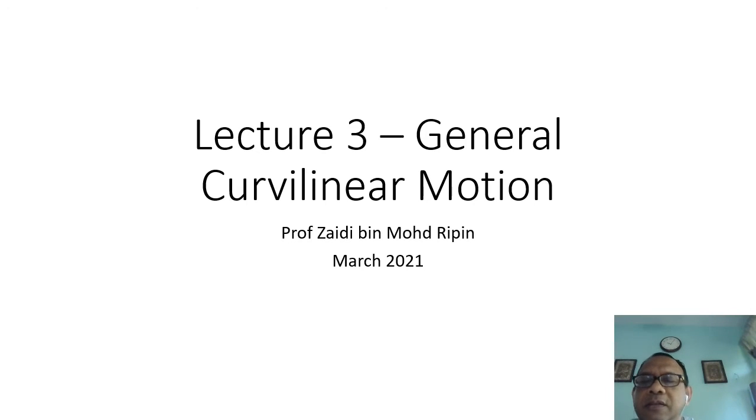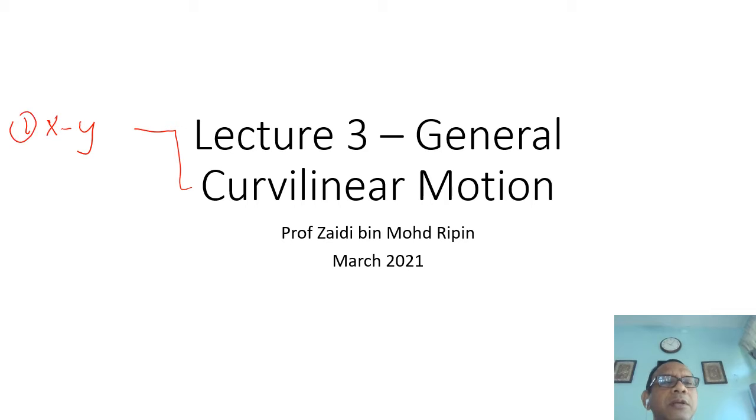This lecture is the third lecture of the series, and in this limited time, we will cover the general curvilinear motion, and in particular, the XY coordinates. So in this general curvilinear motion, there are three coordinates that are of concern to us. The first is the XY coordinates.